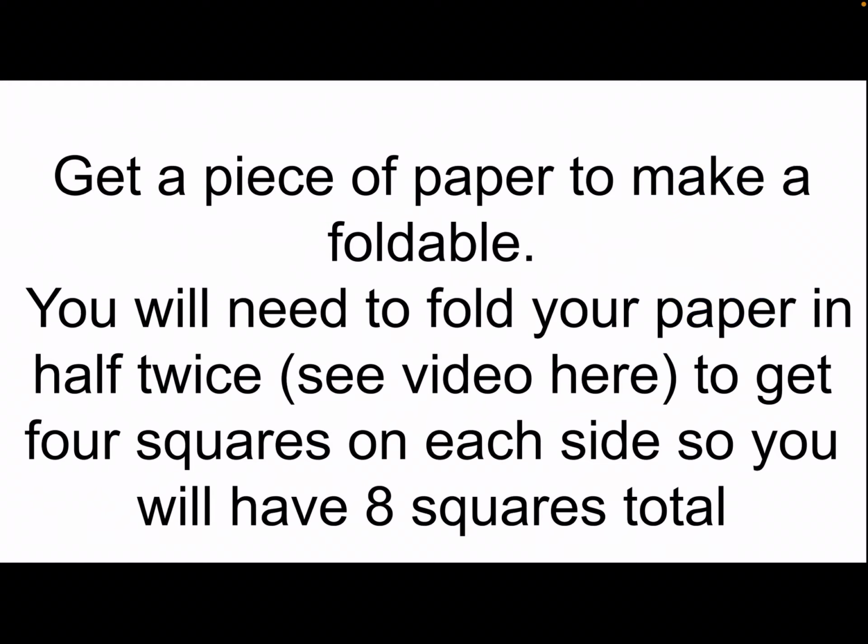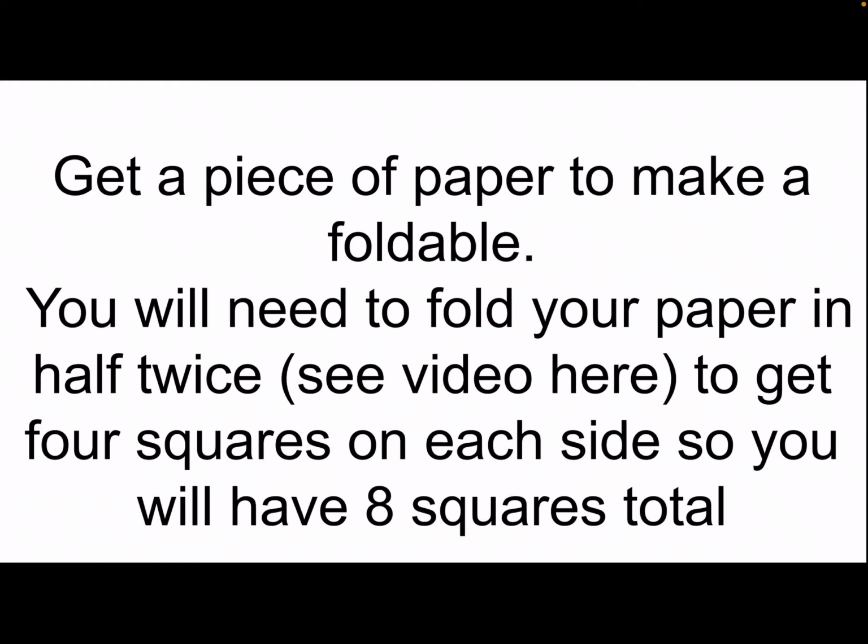You are going to need to do the hamburger fold, or fold your paper in half from top to bottom, and then fold it in half from side to side so that you end up with 4 equal squares on each side of your paper, for 8 squares total. I believe it's the same foldable we did for the Meet the Forces.